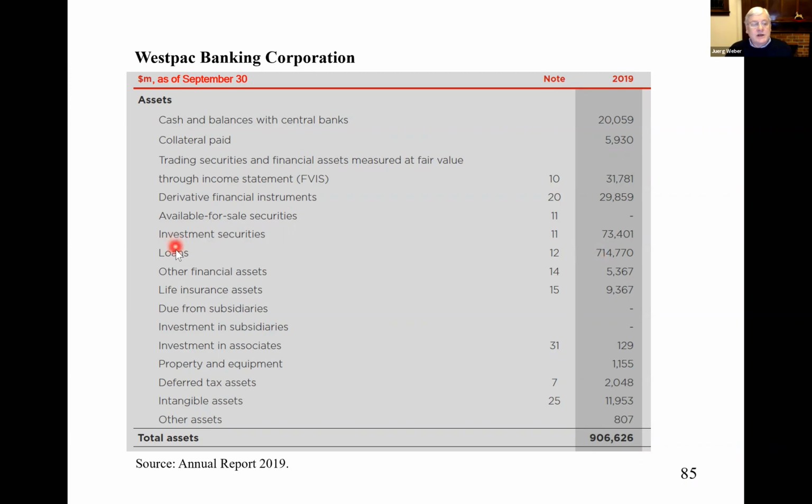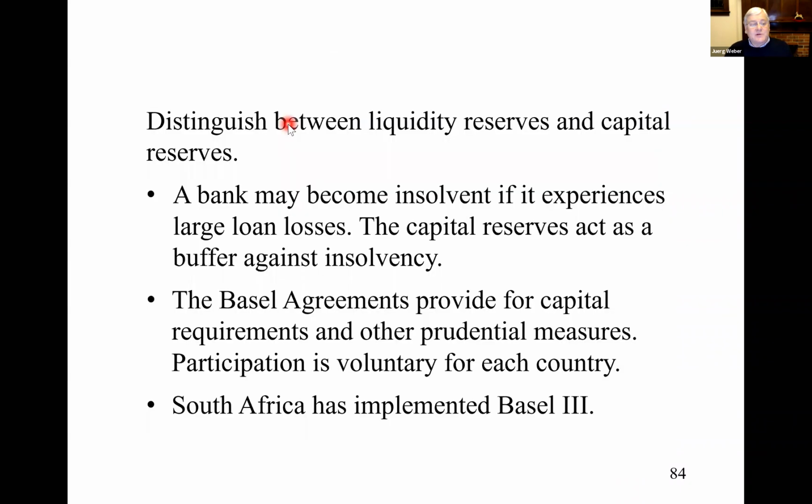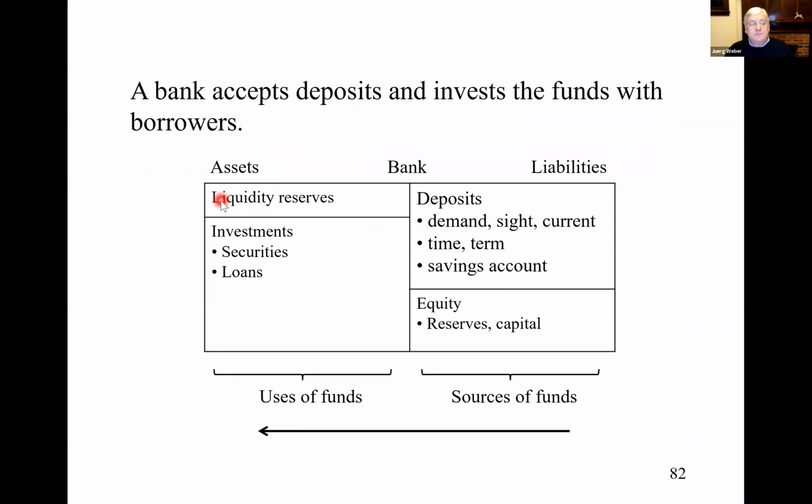What you also see is the cash items and balances with the central bank. They are very small, only $20 billion here. So that's actually only about 2% of the entire balance sheet is held as a cash item. So the cash items of the banks, they are tiny. That's, as we just mentioned, because the banks earn no interest on those cash items, or only very low interest.